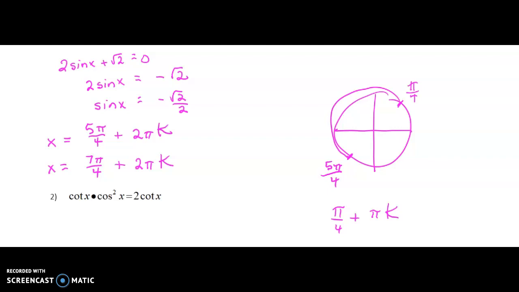If k were 2, that would take you back to pi over 4. If k was 3, that would take you to 5 pi over 4. If k was 4, that would take you to pi over 4. So if they're separated by 180, you can just add pi k to your two angles.